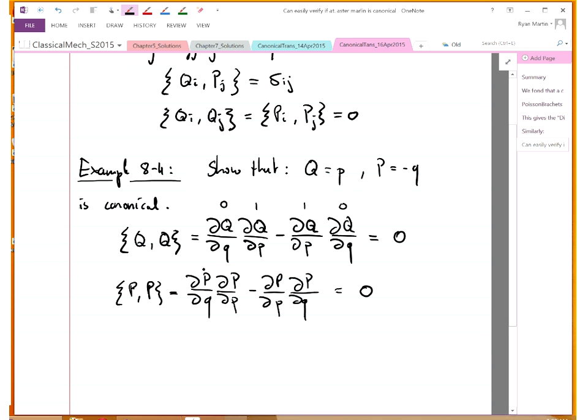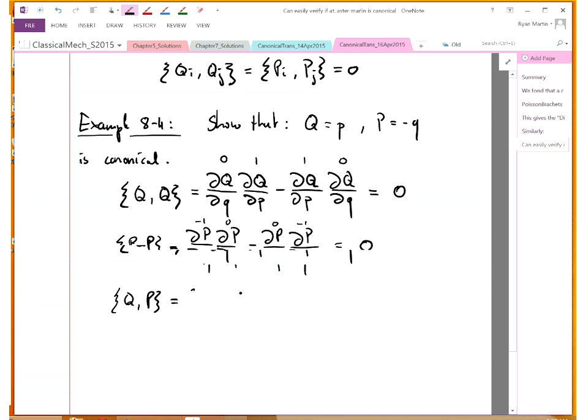They're always 0 between the same variables. But if I evaluate this explicitly, ∂P/∂q is minus q... Capital P doesn't depend on lowercase p, so that part is 0. ∂P/∂p, again, is 0, and then the last term is minus 1.